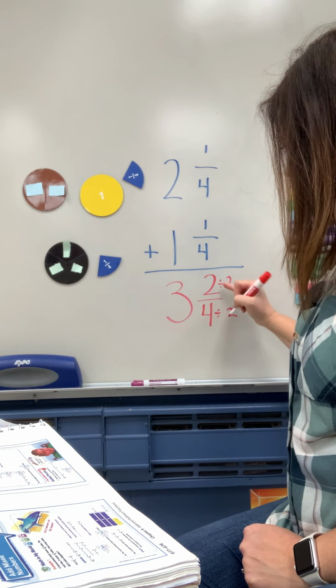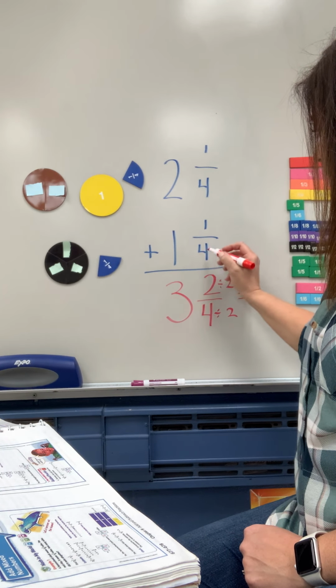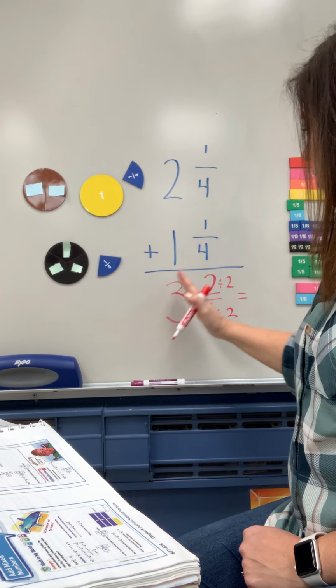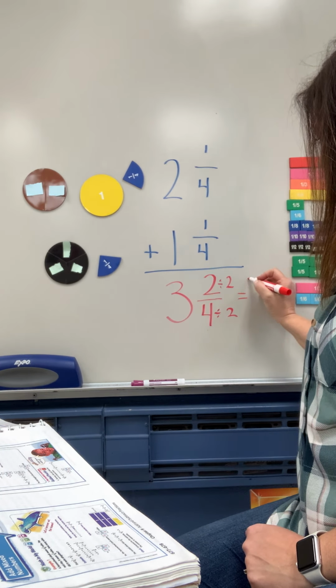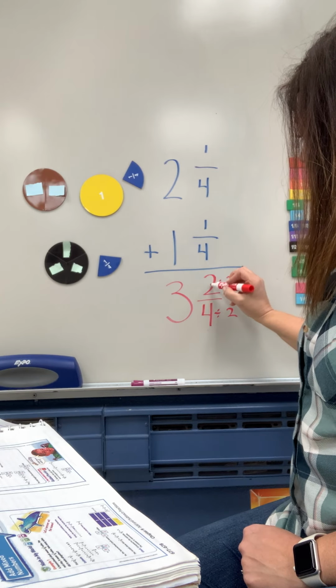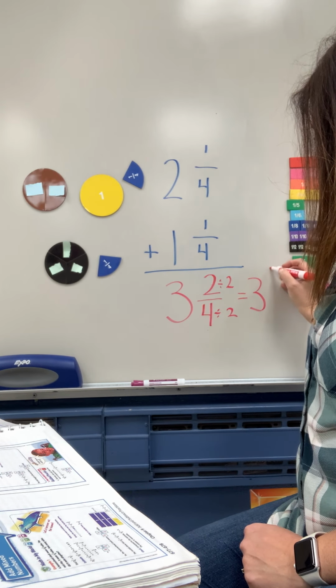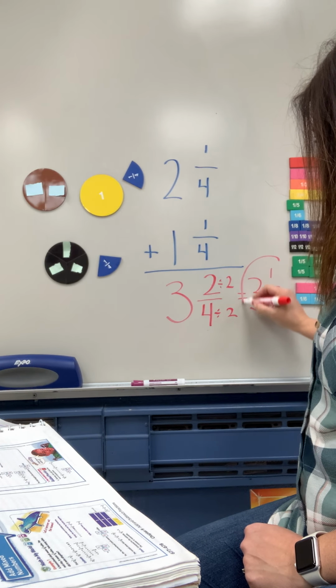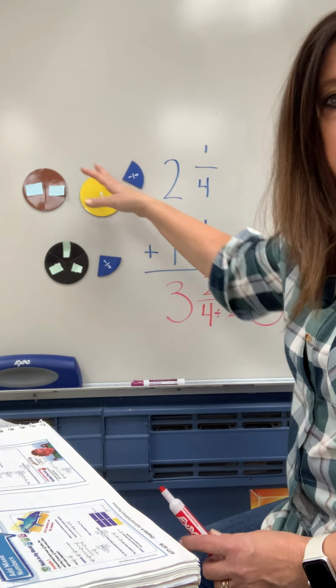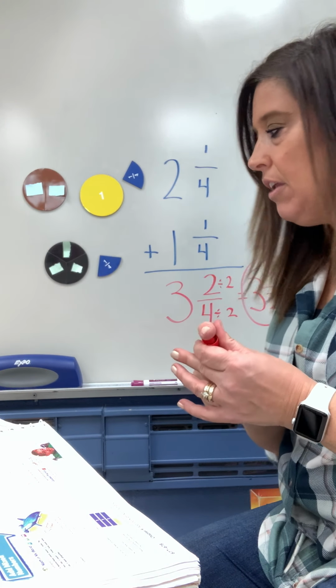And we're going to move our 3, our whole number, over here into our answer. That's not being divided by 2, so we leave that alone. We're just dividing the fraction here. 2/4 divided by 2/2 equals 1 half, which is what we figured out with our model. Let's try another one.